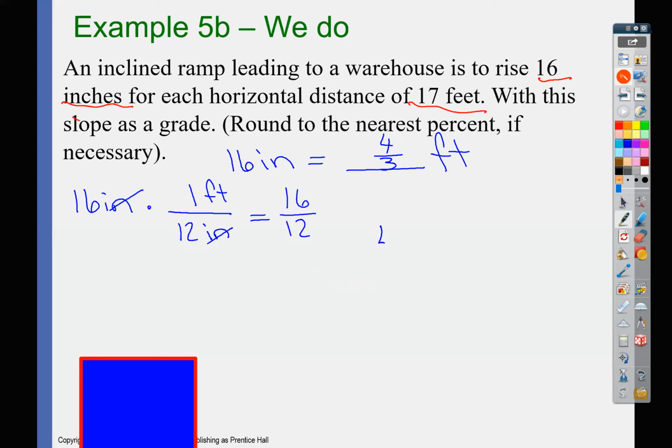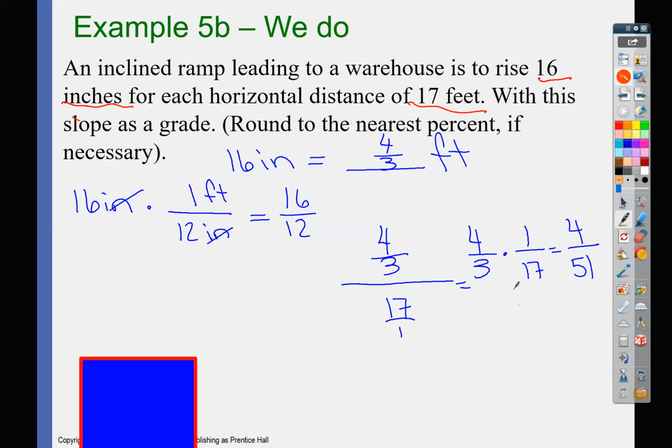All right, so now I can say I have 4/3 foot for every 17 feet. So it's rise over run. You know the 17 is over 1. So I'd say 4/3 times 1 over 17, which is 4 over 51. And we want to know what percent that is.